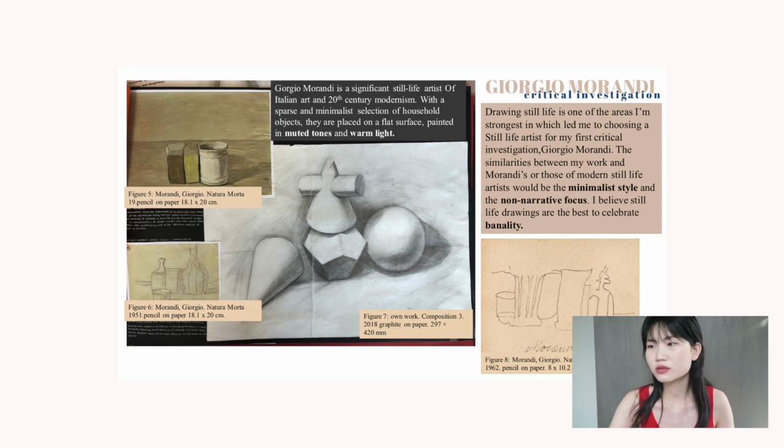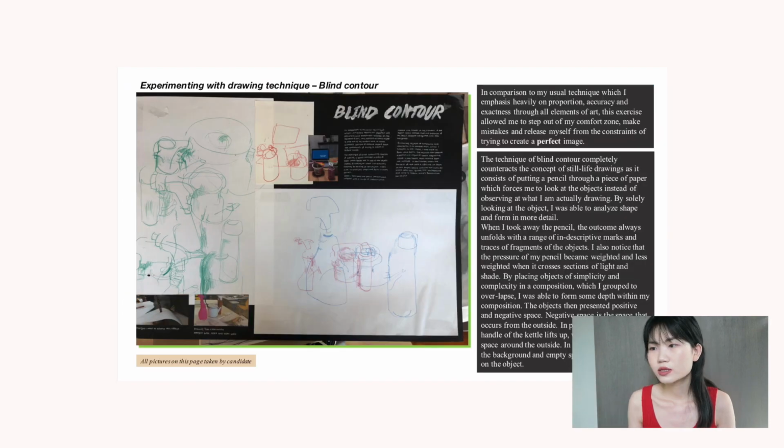For instance, in the second slide, I featured an artist. I featured Morandi for my still life because he's also a still life artist. And this slide is where I start to experiment with different techniques.